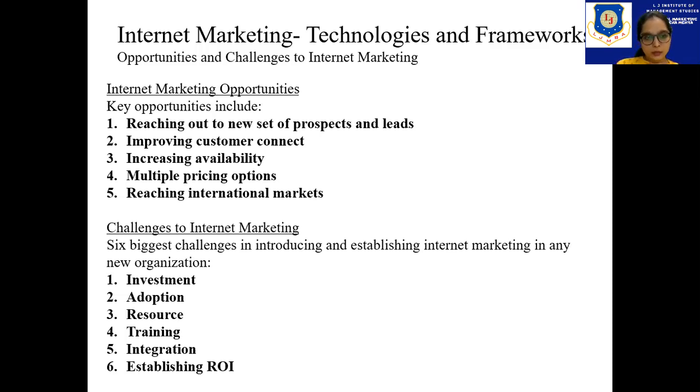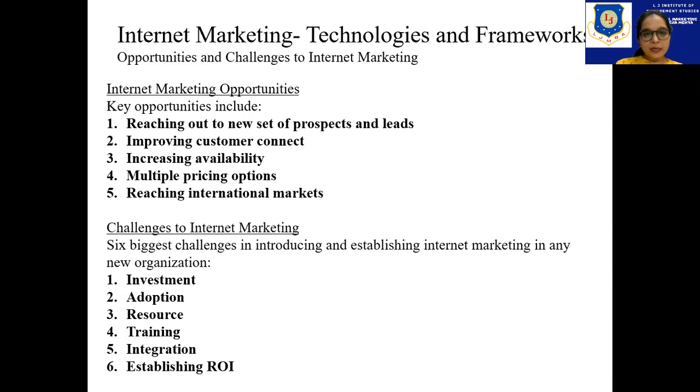The challenges: you need to set up the entire infrastructure for internet marketing, and you need to have investment for it. So you need to invest some amount for that. You need to adopt. Let's say millennials or people in their adulthood would be able to easily adapt to the internet technology, but the same is not the case with the older ones, right?